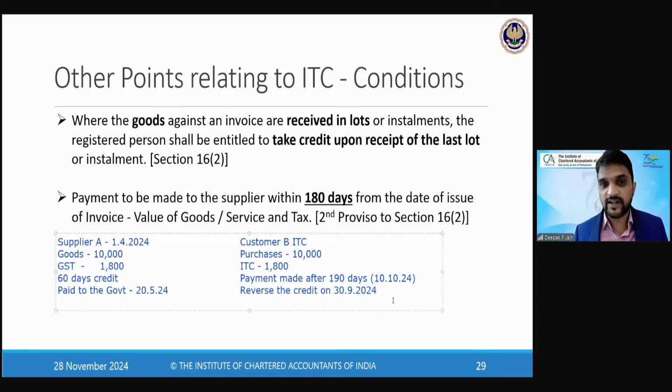So he will reverse the credit, and once he makes the payment on the 190th day, he will re-avail the credit on the 10th of October, because on 10th October he has made the payment. So this is called claiming the credit first. He will claim it, reverse the credit on the 180th day, and then re-avail the credit once he makes the payment.